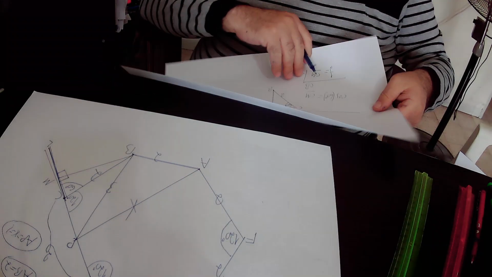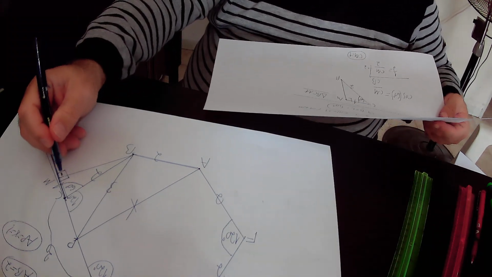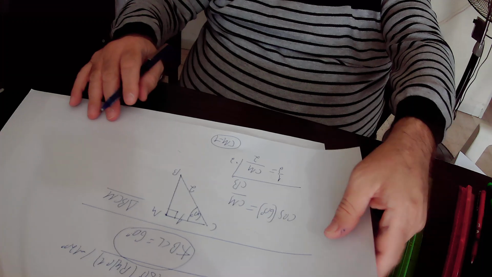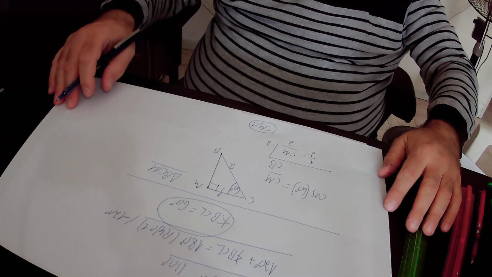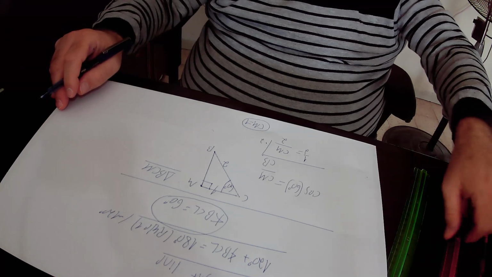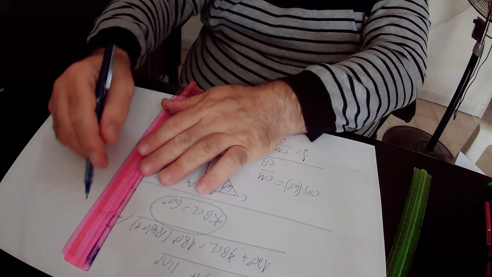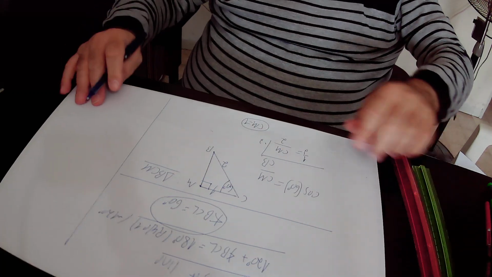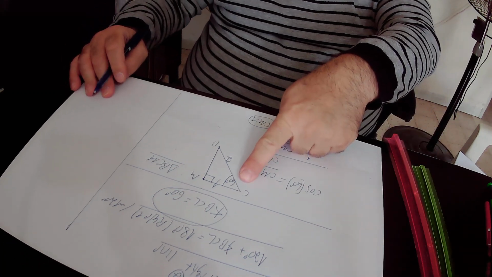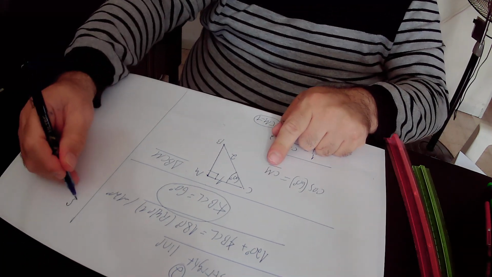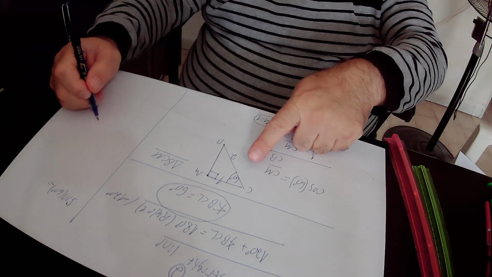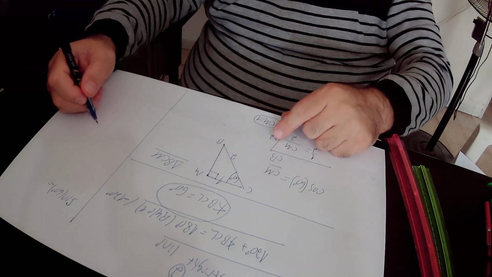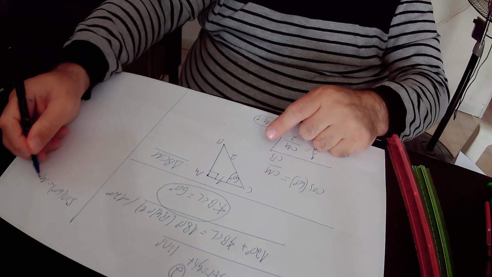I write on the original drawing that CM equals 1 unit. Likewise, we continue to focus on the right triangle CMB. In this right triangle, sine 60 degrees equals MB over CM.